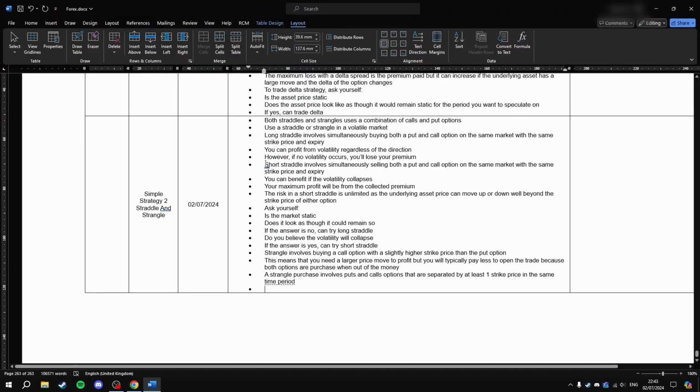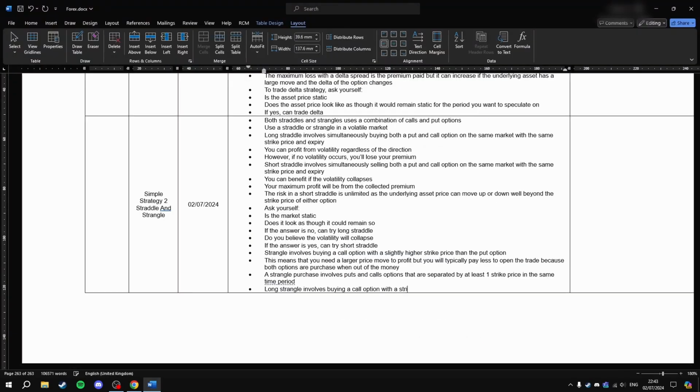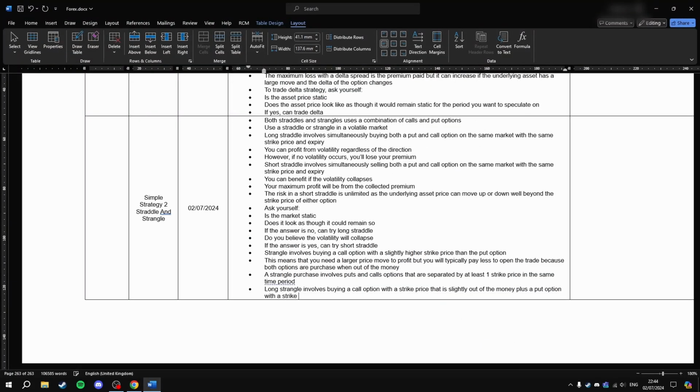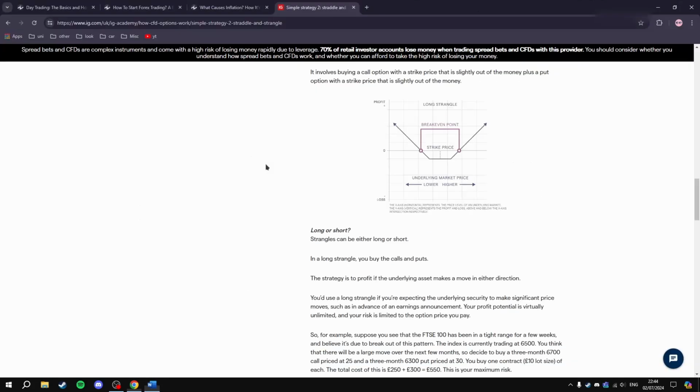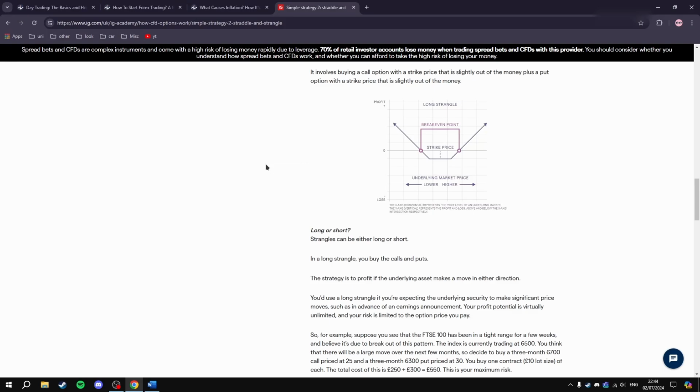So a long strangle involves buying a call option with a strike price that is slightly out of the money plus a put option with a strike price that is slightly out of the money.